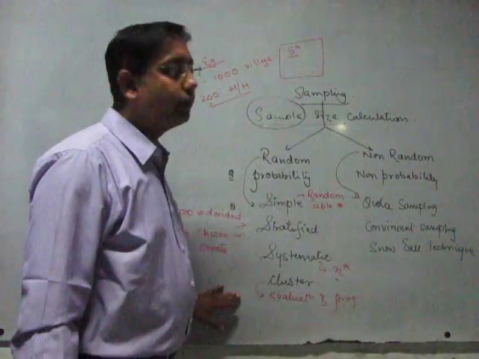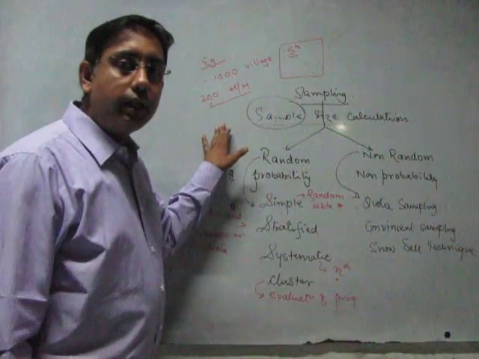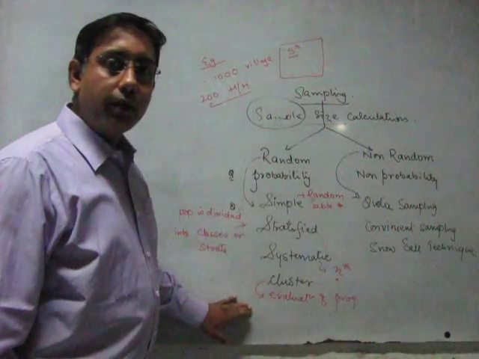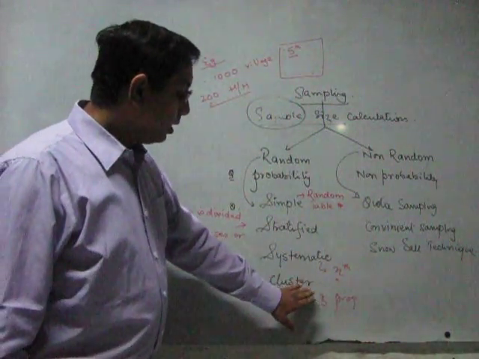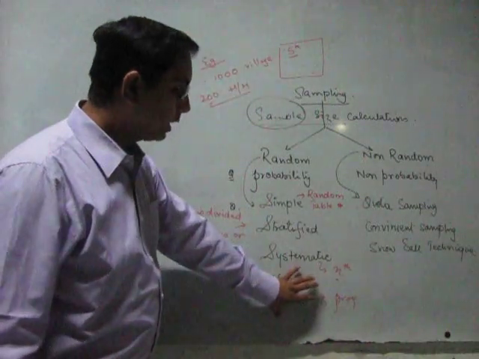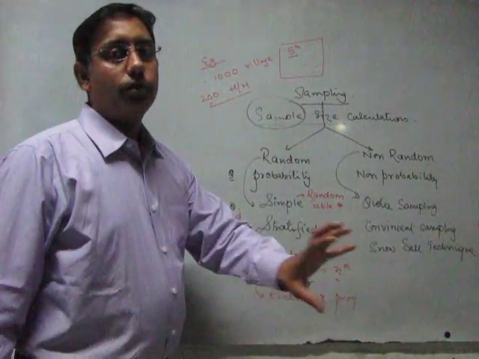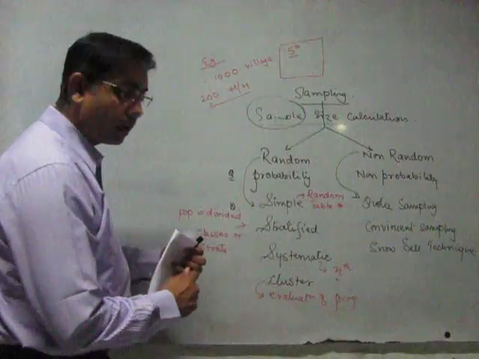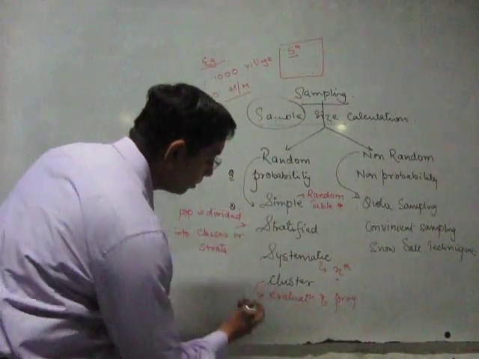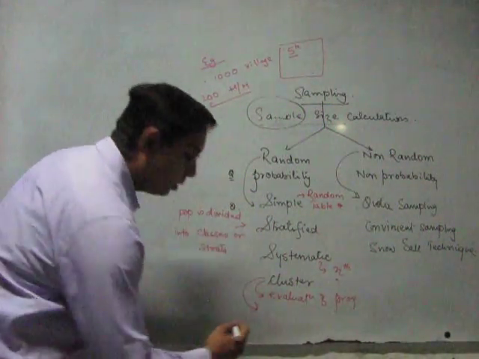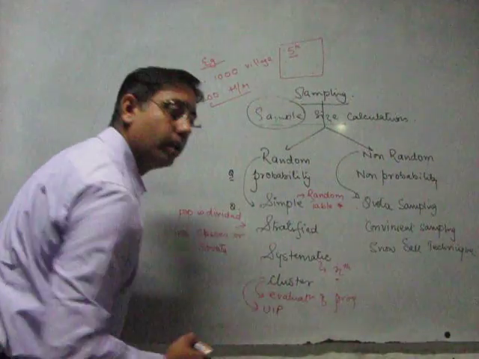I cannot go to every household and check whether the child is immunized or not. So I will go to the village, make some clusters, and check in those clusters.